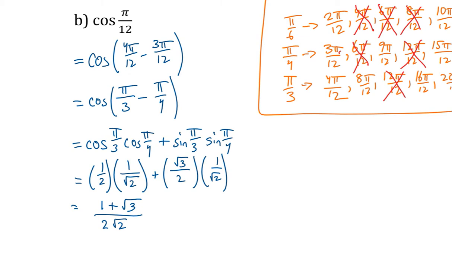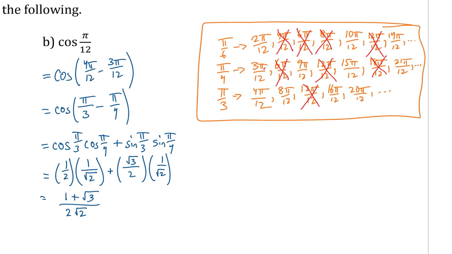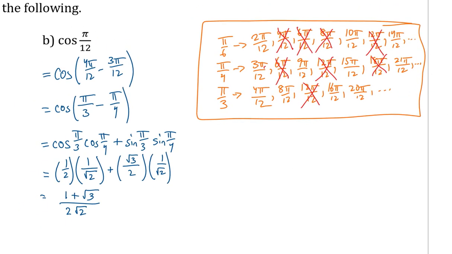So even if I thought of 4 pi by 12 as in that row, it reduces to pi by 3. I'm not going to evaluate it as a 2 pi by 6 or something weird like that. Okay, and that's how you do it. And every question is going to be exactly the same. It's going to be those 5 steps.